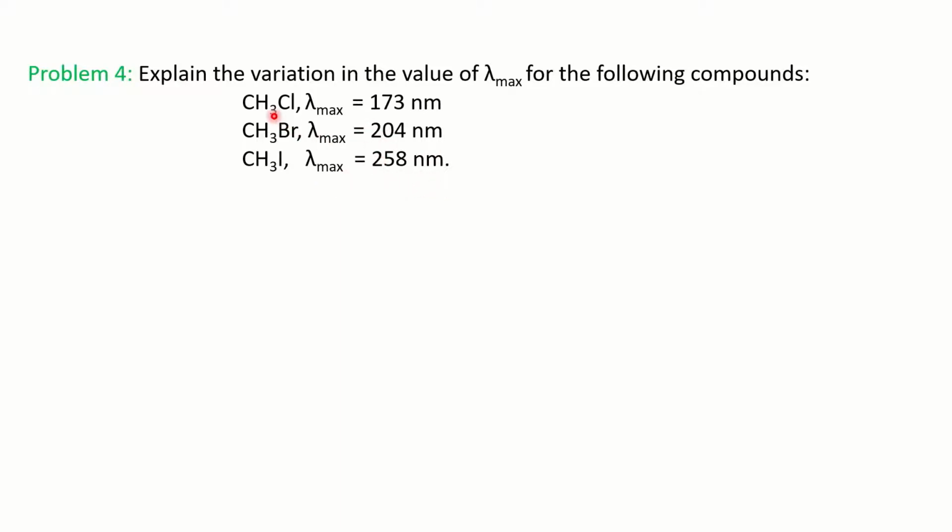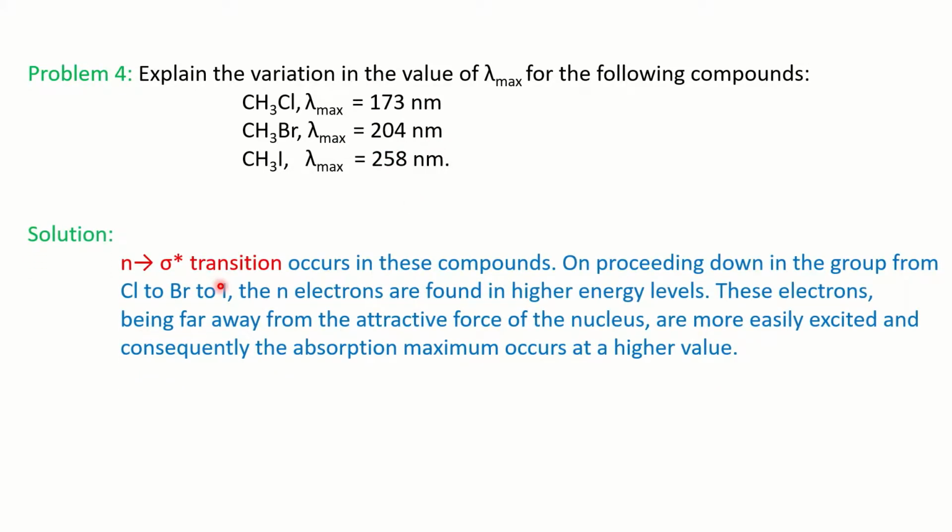First of all, since these halides have only n and sigma electrons, this lambda max value is for the n to sigma star transition. All three belong to n to sigma star. But why this increase in lambda max?